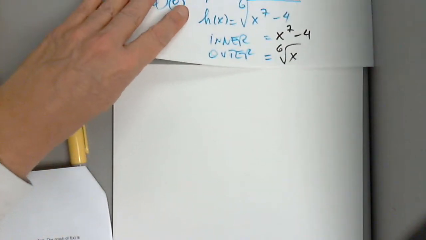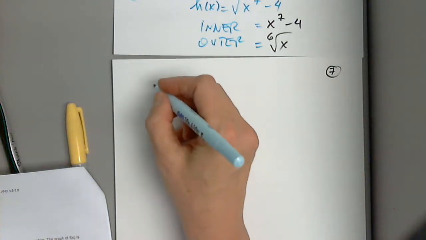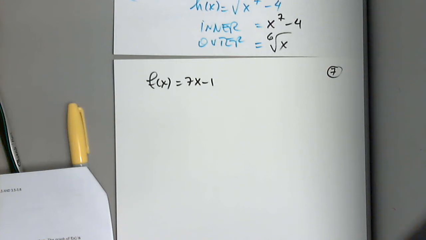Yes? Okay, next problem. In the next problem, we are asked to determine the inverse function of 7x minus 1, find the domain and range, and graph f inverse and the function f on the same coordinate system. So what do I have to start with?